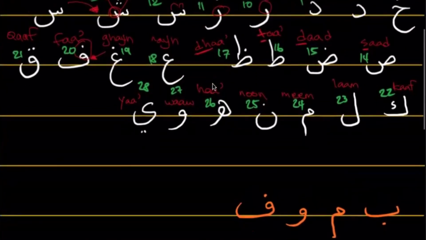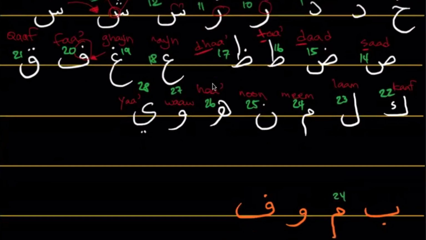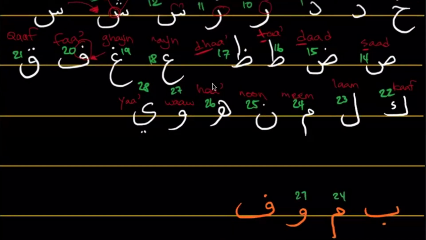So what's Meem there? Meem is number 24. Waw is number 27. And Fa is number 20. And Ba is number 2. These are all a family.